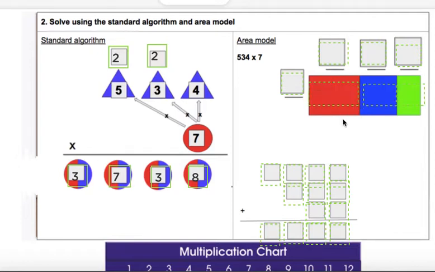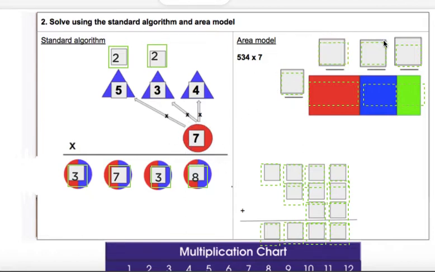What does my red box represent? Let's see who was listening. What does my red box represent? Good, it represents my hundreds place. And what does my blue box represent? Good, the tens. And what does my green box represent? Good, the ones.